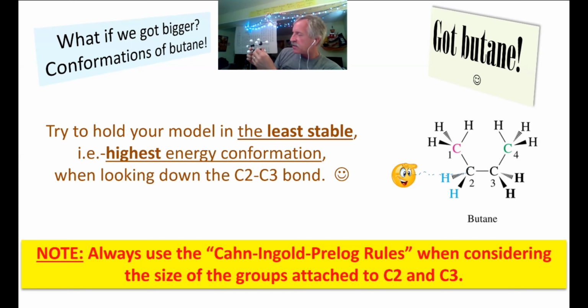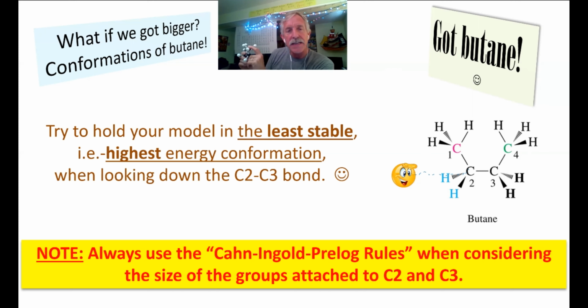And one of the things you're going to sooner or later have to do is figure out on the back carbon, the 3 bonds coming off the back and the 3 bonds coming off the front carbon, you have to start prioritizing who's the bigger group. Who's the bigger group is easily determined by using those same rules that we used for determining highest priority in E and Z. Please use those rules again, meaning off the front carbon, I go to a carbon, a hydrogen, and a hydrogen.